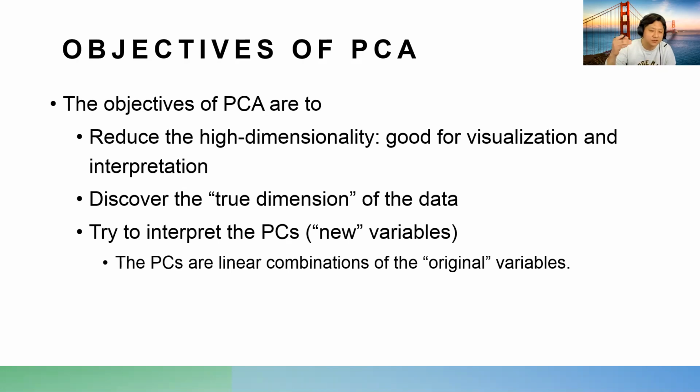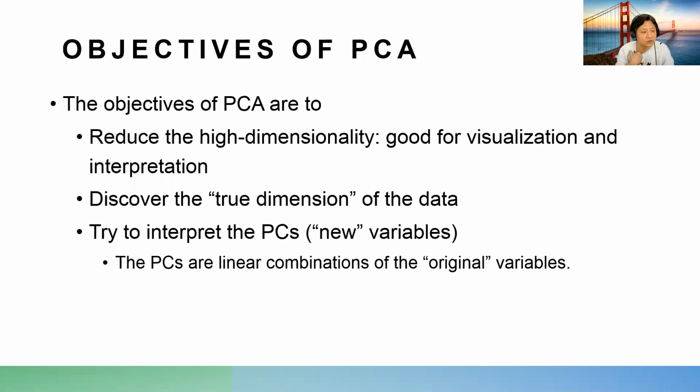The highest dimension of a visualization is 3D, right? So 1D, 2D, and 3D. More than 4D, we cannot make a visualization, right? So if you want to make a good visualization, in that case, you can reduce the dimension and then make a plot. It is much easier to communicate with your audience.